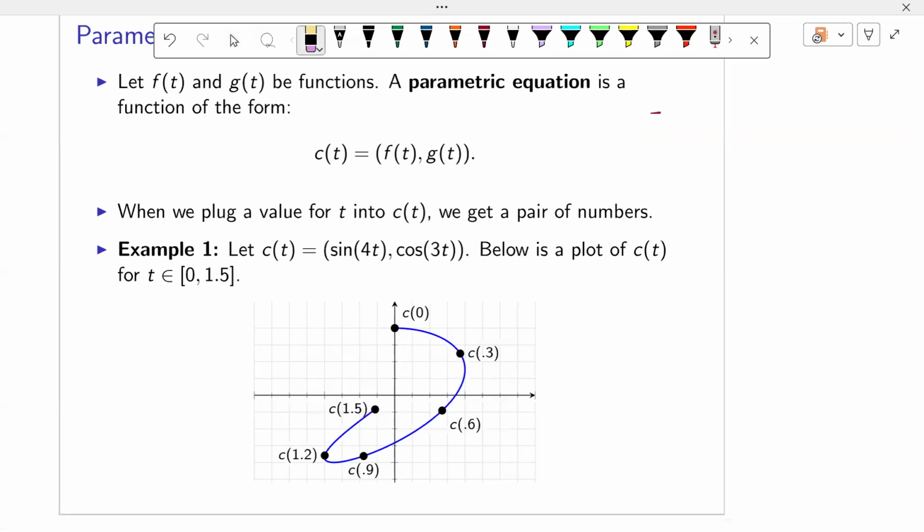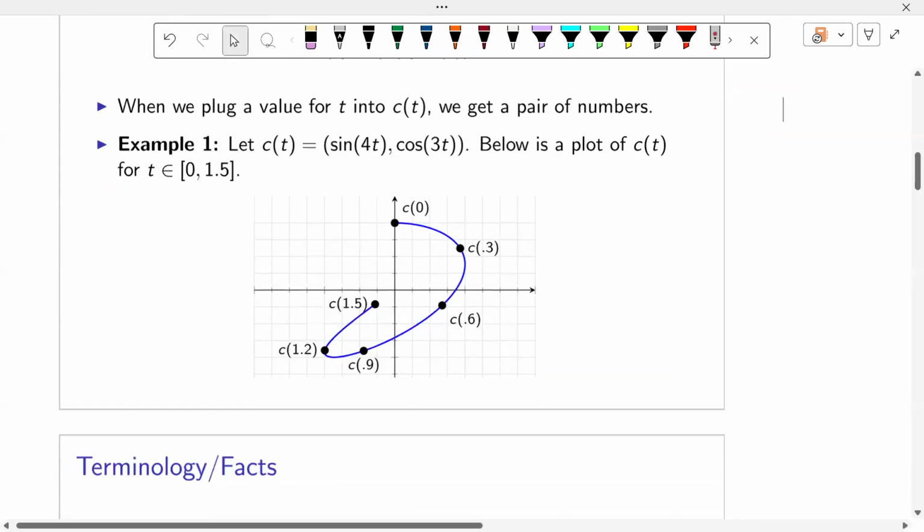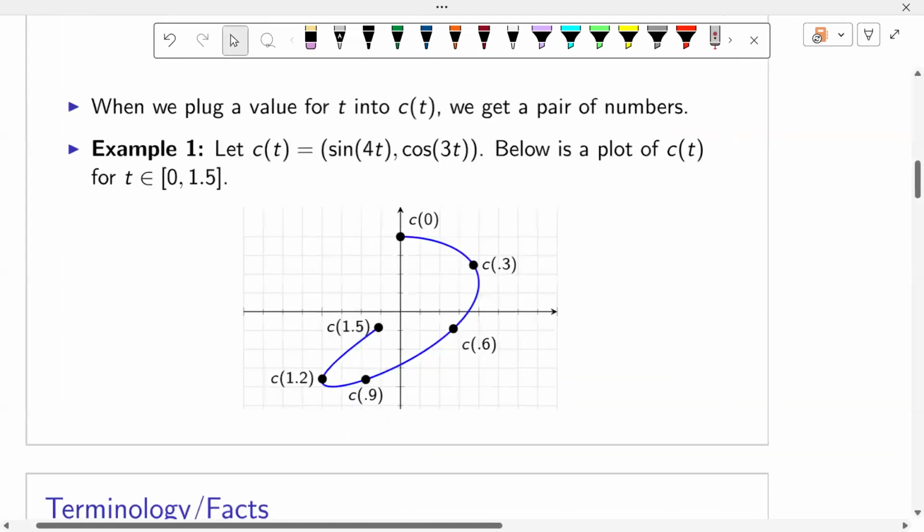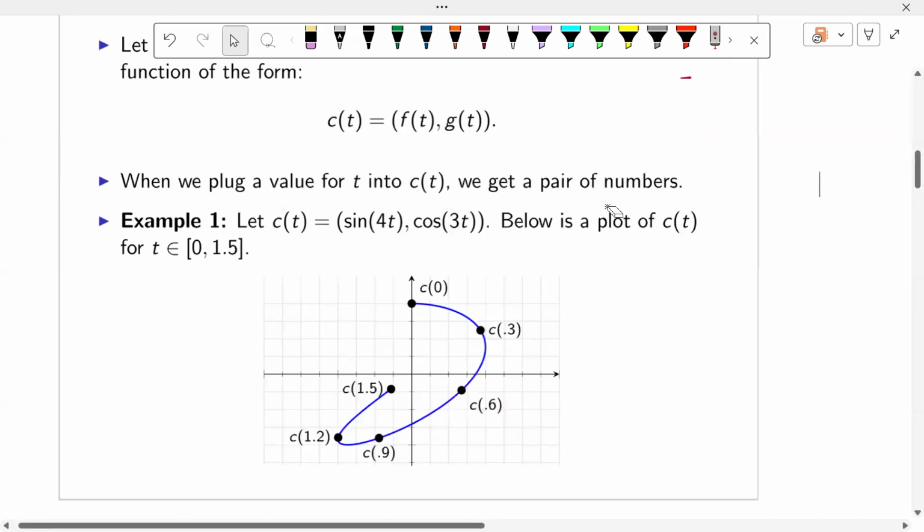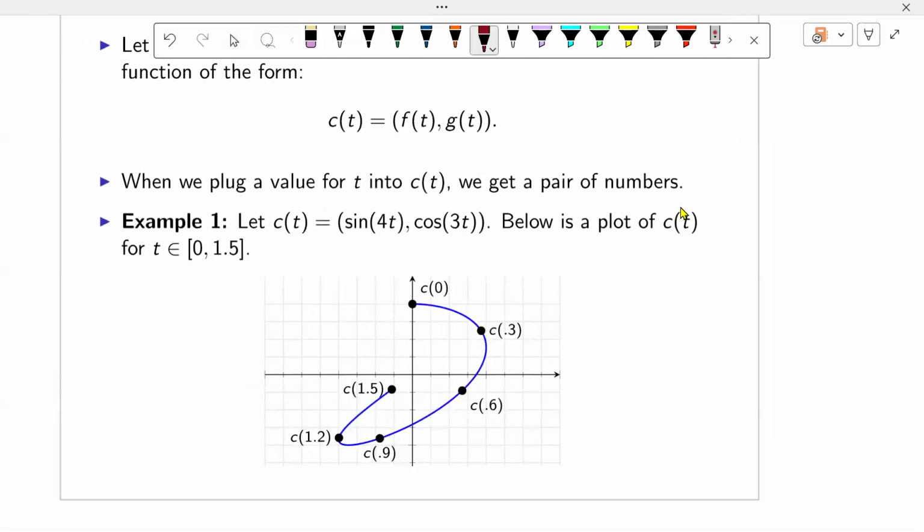If we take a look at our example here, I have a parametric function, or a parametric equation as it's sometimes called. I have this c of t right here, and the x coordinate is sine of 4t, and the second function is cosine of 3t.